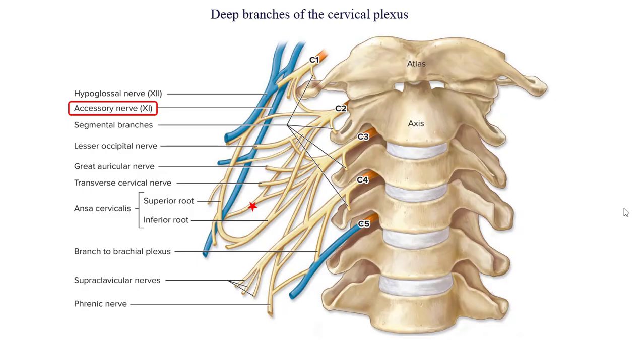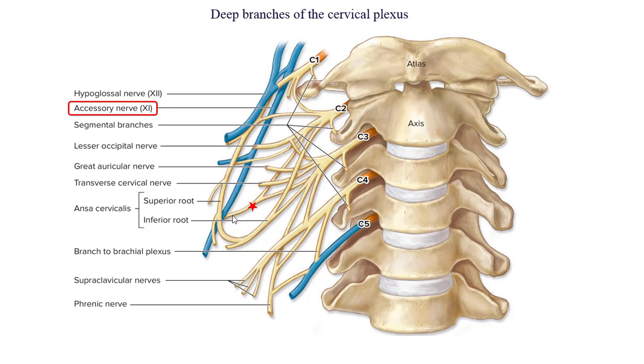This is before it goes on to innervate some of the extrinsic and intrinsic muscles of the tongue. Another important communication of the cervical plexus is with the 11th cranial nerve, or the accessory nerve. This nerve is a motor nerve and innervates sternocleidomastoid and trapezius muscles. It receives a branch known as the branch to trapezius, which originates from the cervical plexus, namely the C2 and C3 cervical nerves.